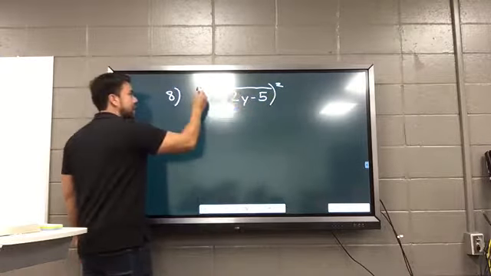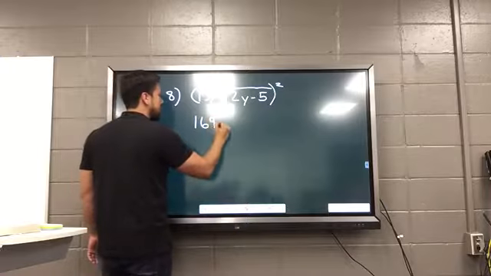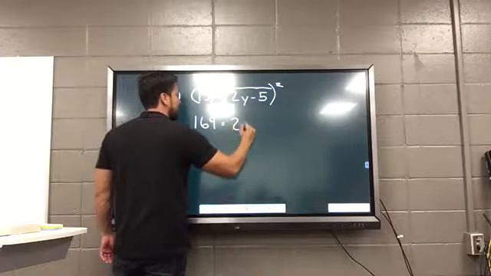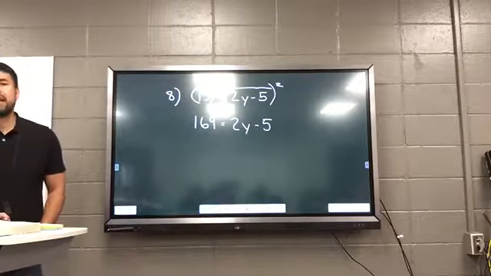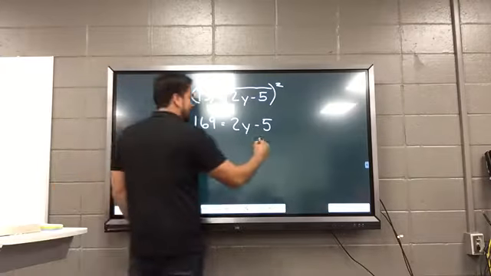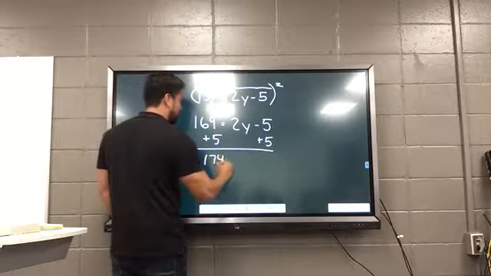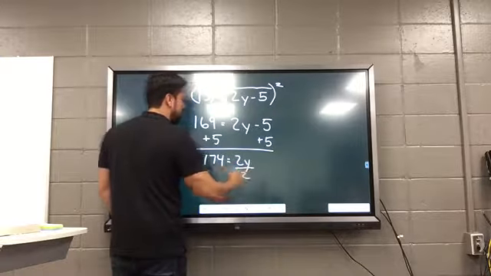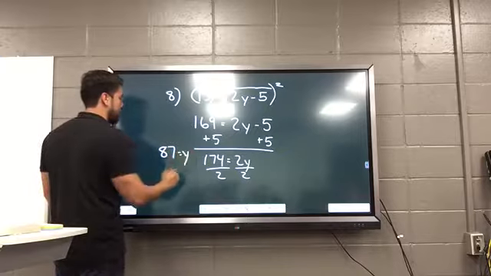If I square that side, I have to square the other side. 13 squared is 169, and then I got rid of that. I got 2y minus 5. Then I solve for y. So I'm going to add 5. I get 174 equals 2y. Divide by 2. I get 87 equals y.